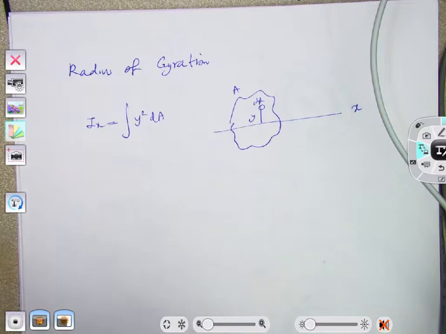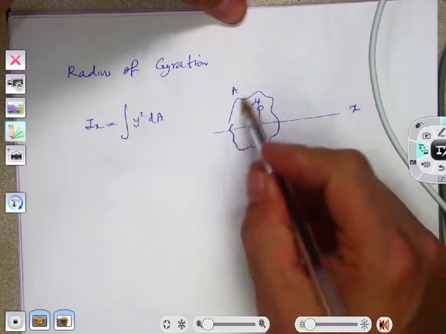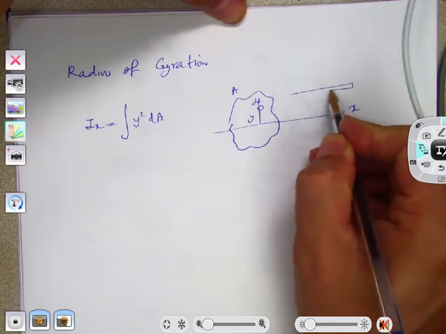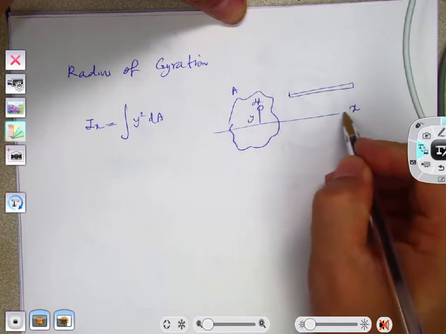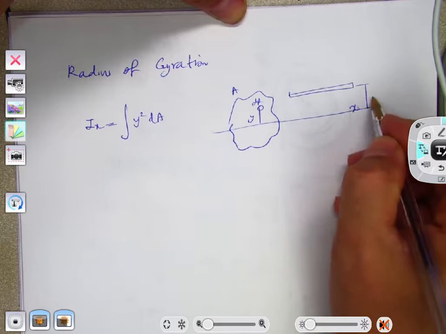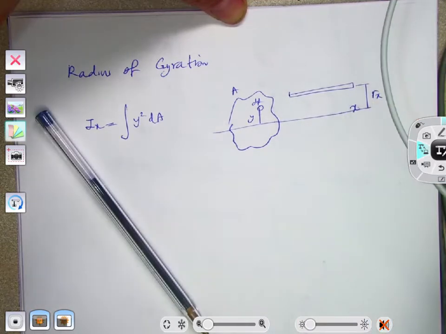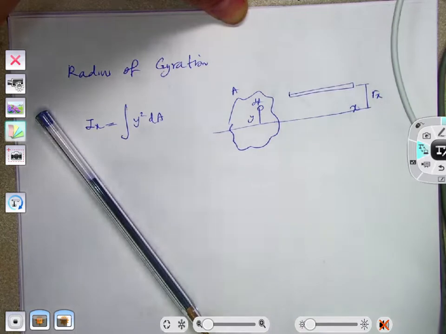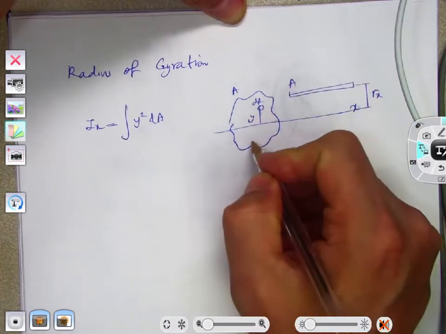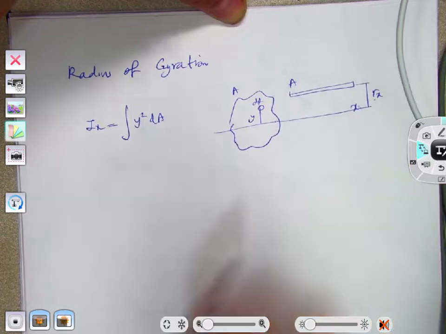But let's imagine that we put this area like a narrow rectangle above your x-axis, and let's say the distance at which I put it, I call it Rx. So consider a narrow rectangle that has the same area as this arbitrary shape, at distance Rx.